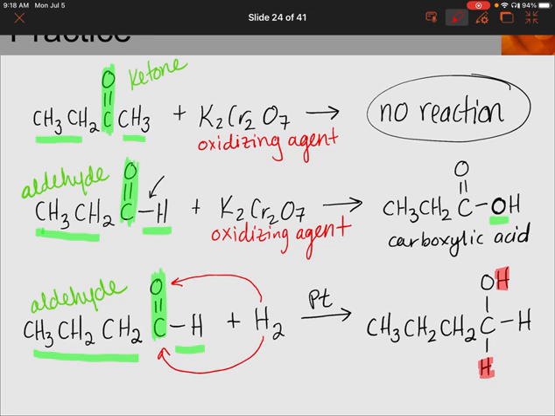But is this a primary or secondary alcohol? Well, if we look at the carbon that the OH group is attached to, it's only bonded to one other carbon group, this three-carbon chain. So this would be a primary alcohol.